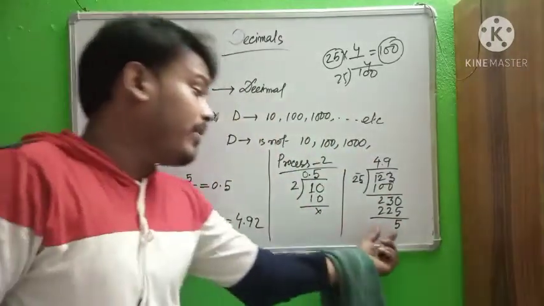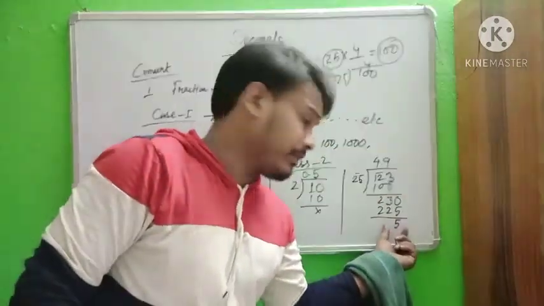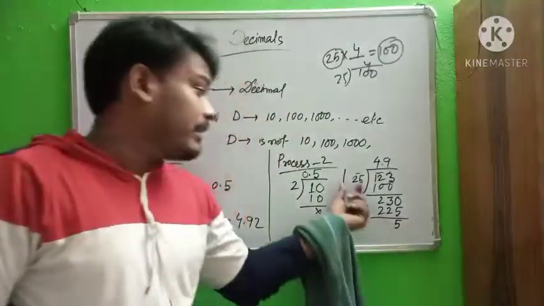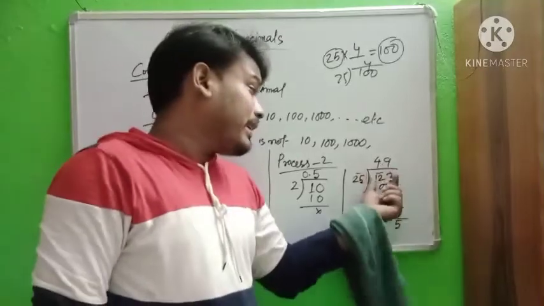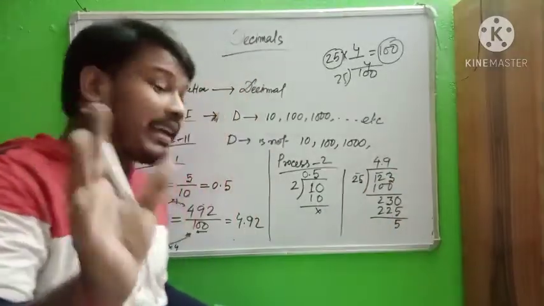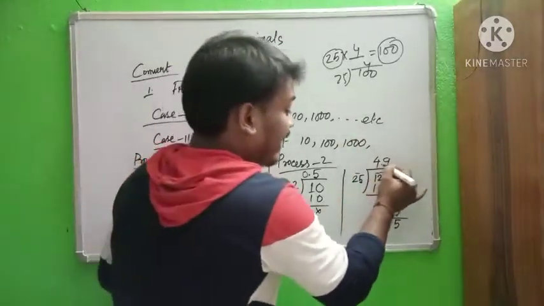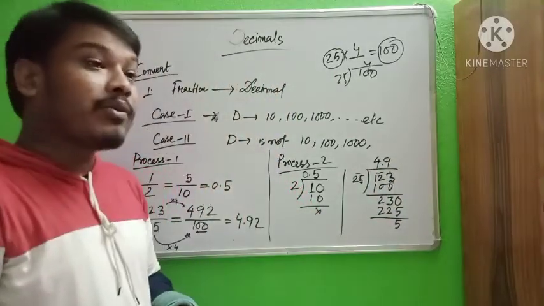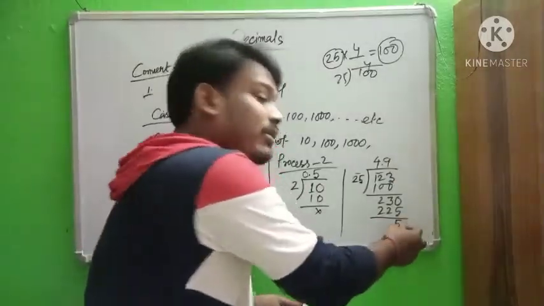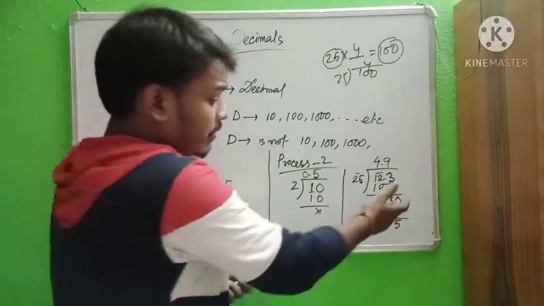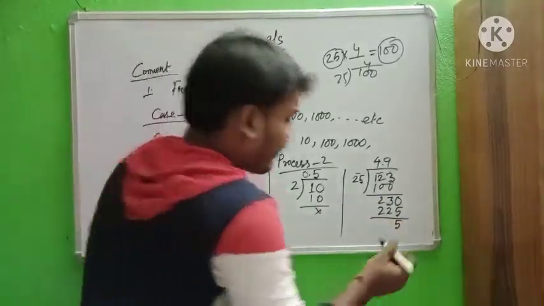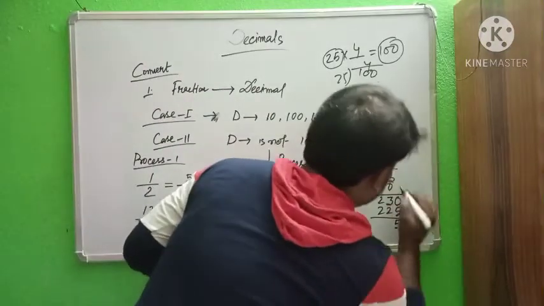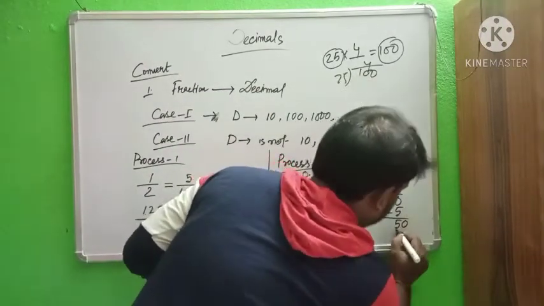Now again the remainder is less than 25. We no need to take the decimal again. If we take the decimal one time, then we can take 10 at any step. Here we can take 10, here also we can take 10. So 50, 25 2s are 50.